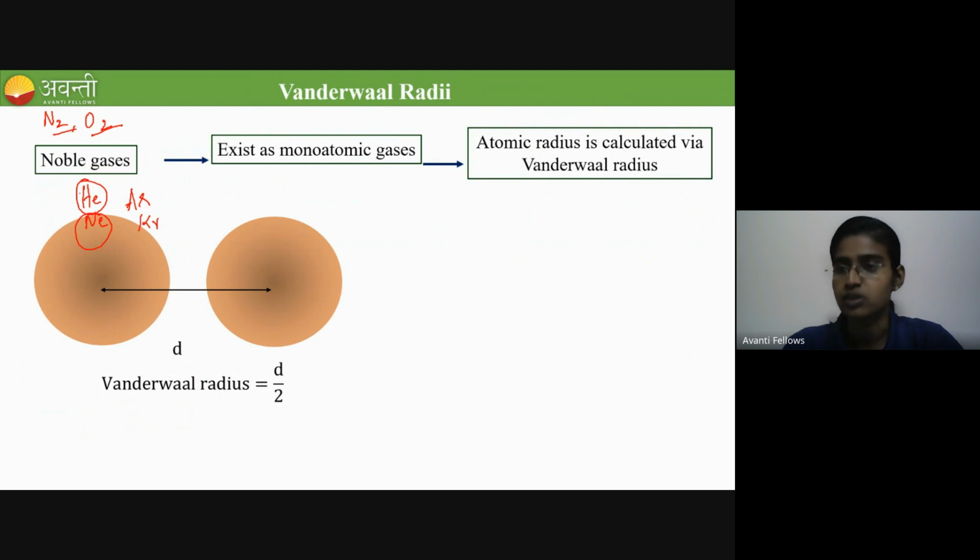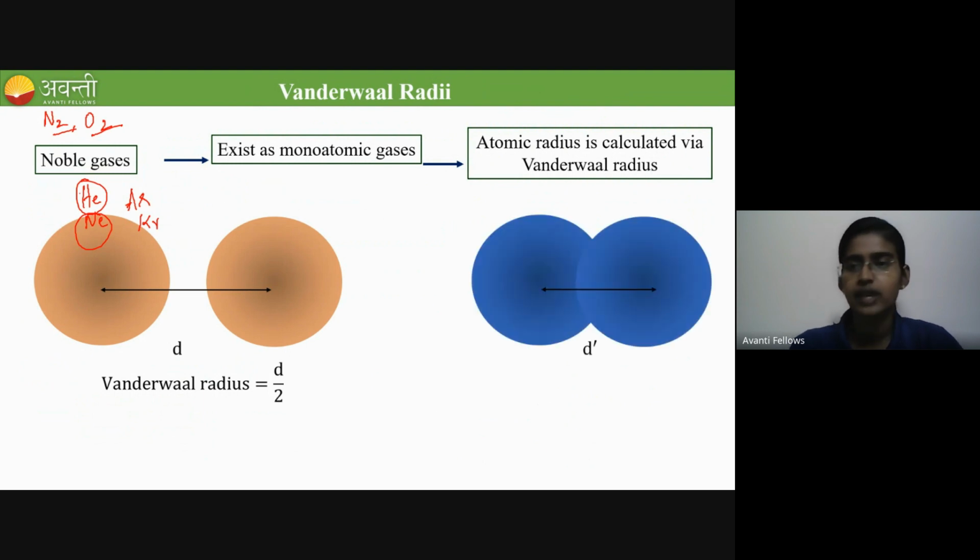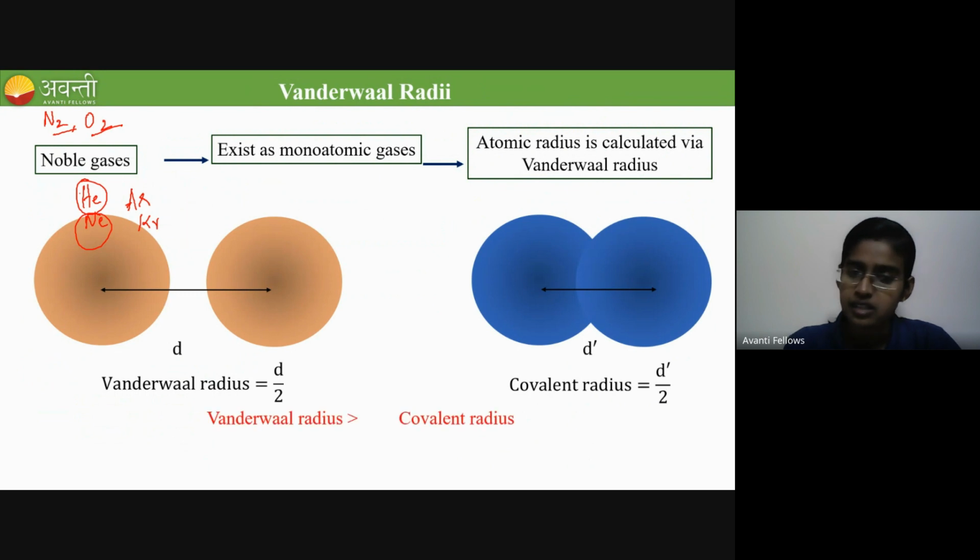Van der Waals radius and covalent radius: which will be more? Very easy, right? Van der Waals radius is obviously greater than the covalent radius. When you compare all three, van der Waals has the highest value, then comes metallic, then comes covalent.